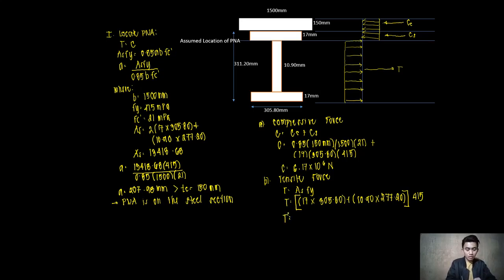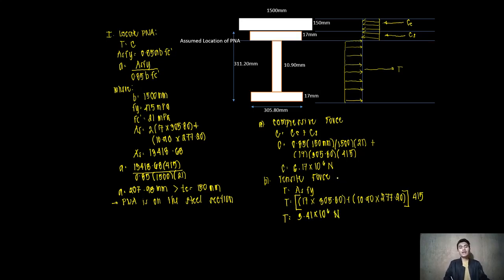Tension is equal to 17 times 305.80 plus 10.90 times 277.20 times 415. I will have there 3.41 times 10 raised to 6 Newton.